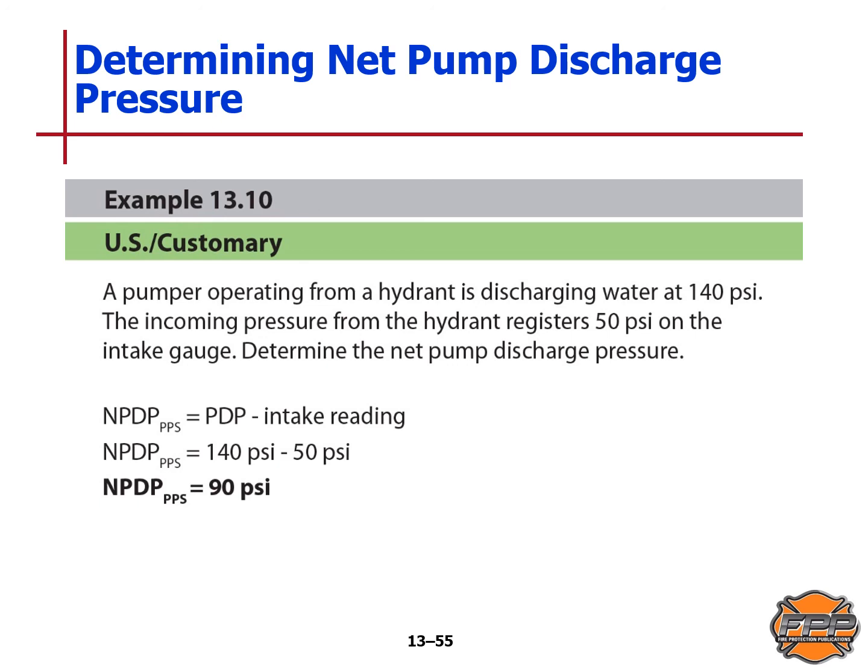That gives you NPDP PPS equals 140 psi minus 50 psi. So your final answer is, NPDP PPS is 90 psi. That's your net pump discharge pressure from a positive pressure source.